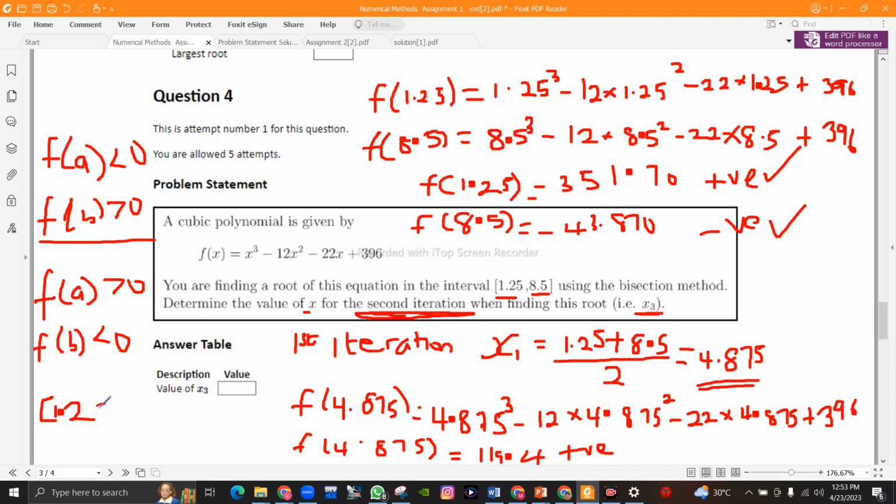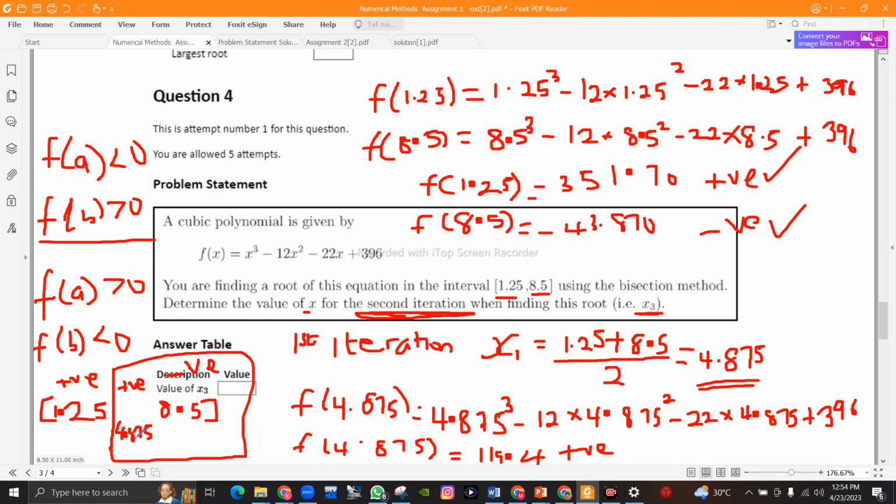Now, in the previous one, our previous root interval was 1.25 and then 8.5. One of them was positive, this one, while this was negative. Now we found the middle, which is 4.875, and the middle is positive. We said one has to be positive and one has to be negative to have a root. That means our new root is between these two, because this is positive and this is negative.